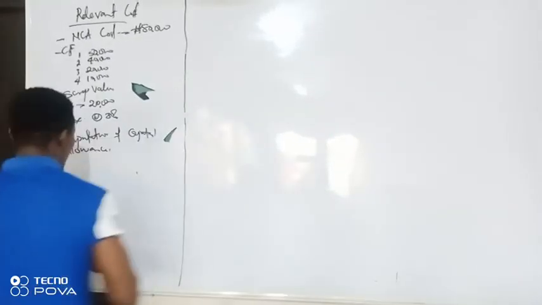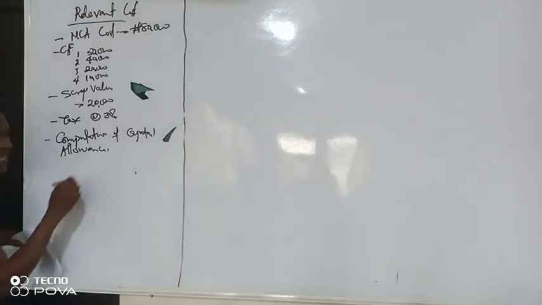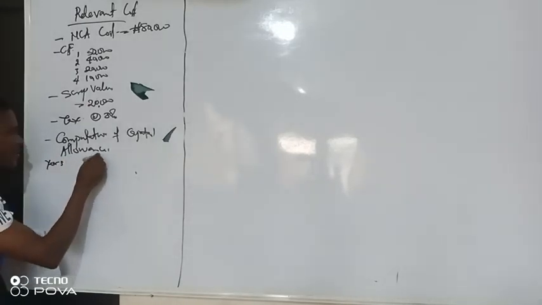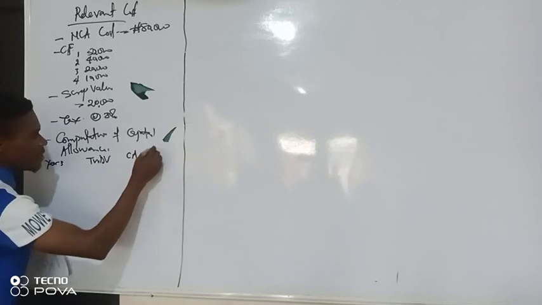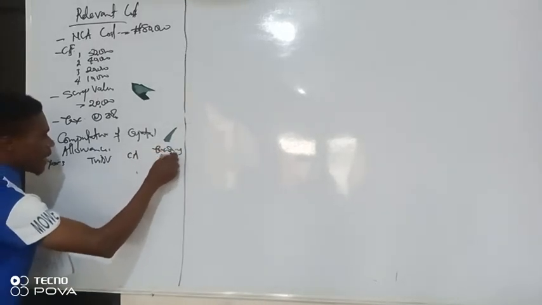But don't forget, this asset is disposed of. So our pattern again: we have years, our tax written down value, then our capital allowance and probably the tax savings on the capital allowance.